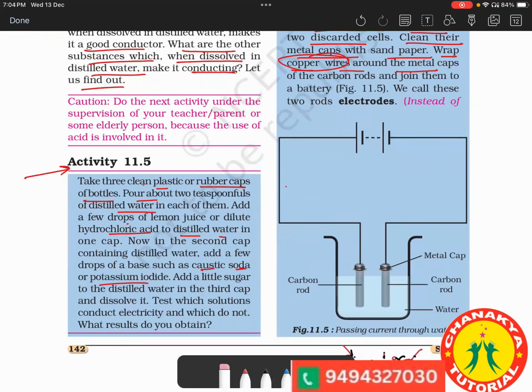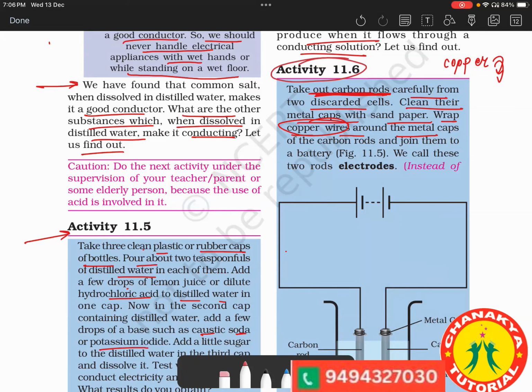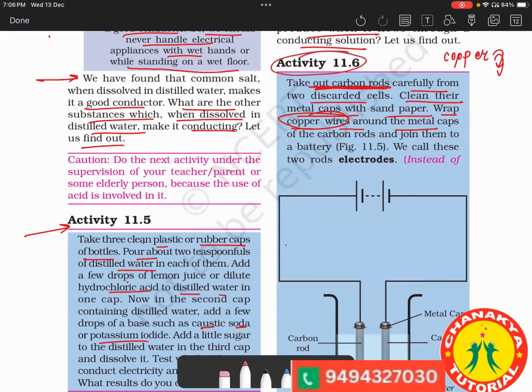It is used to smoothen a surface. Very good. It is used to smoothen a surface and remove the impurities. So it is a sandpaper.